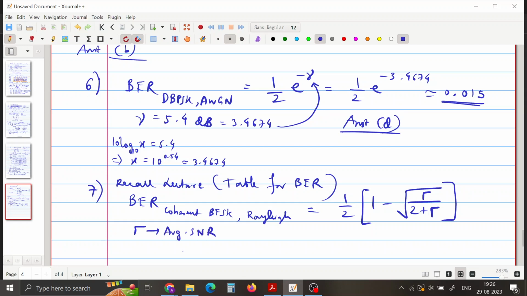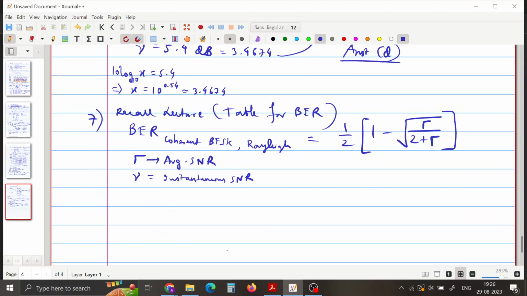Remember, your small gamma is your instantaneous SNR, and this average SNR, which is capital gamma, is basically the expected value of small gamma. This was the relation. Everything was discussed in the lectures. Just go back in case you find any difficulty.